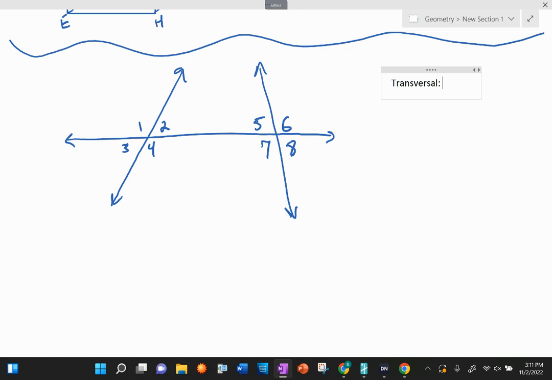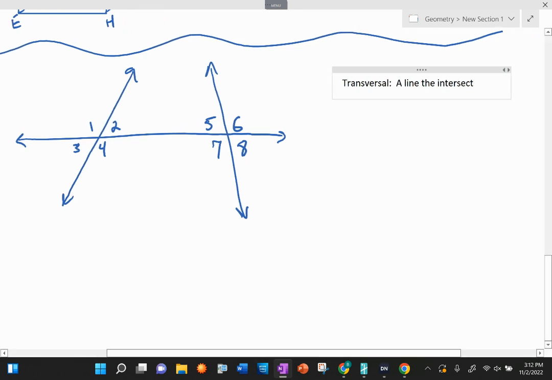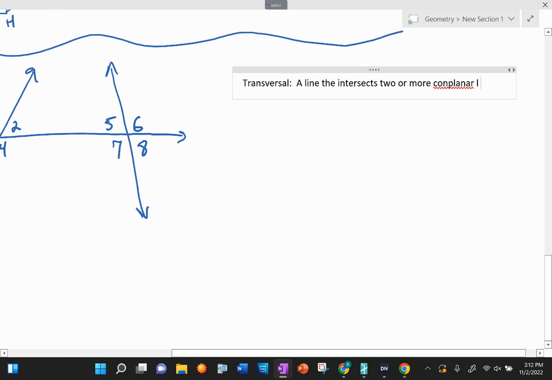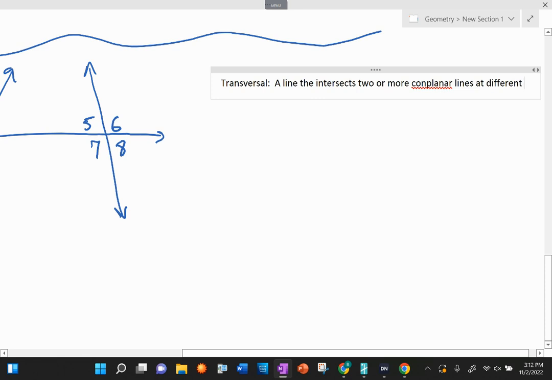So a transversal is a line that intersects two or more coplanar lines at different points.